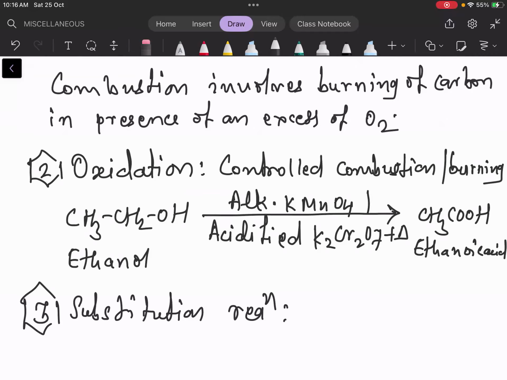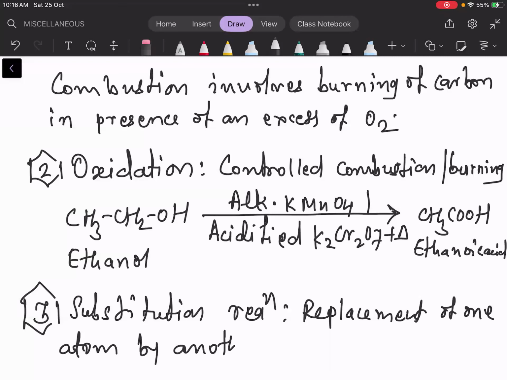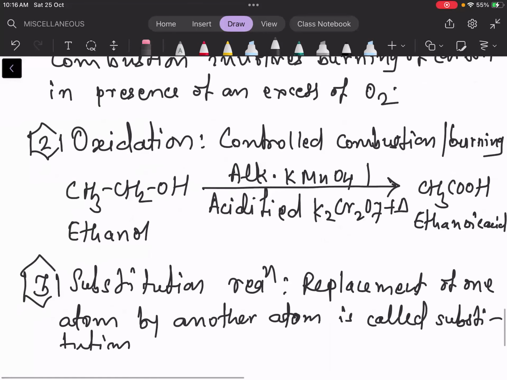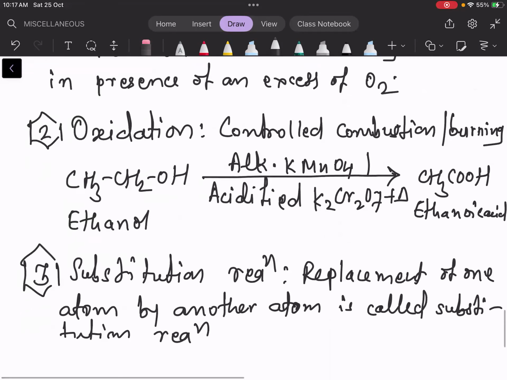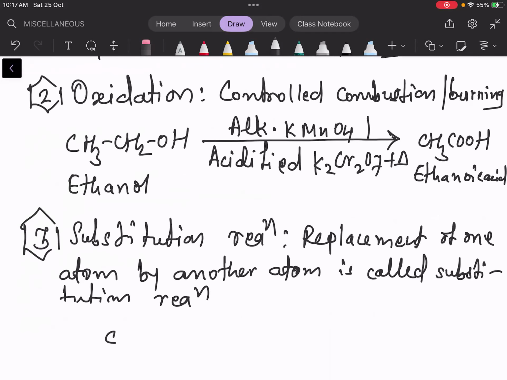Replacement of one atom by another atom is called a substitution reaction, right?